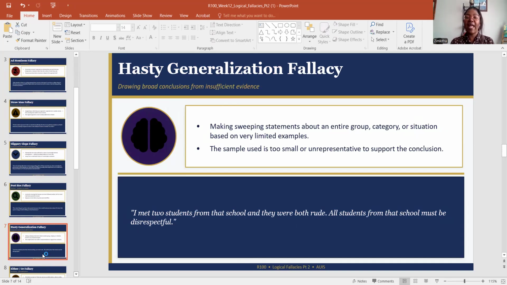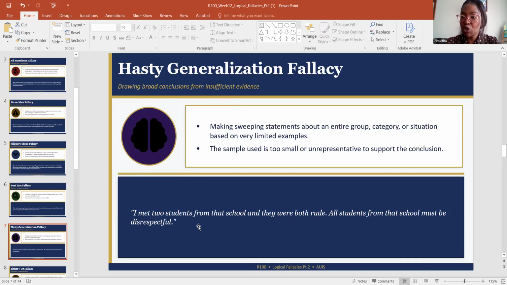The other one is called the hasty generalization fallacy. It's making a huge conclusion, but you don't have enough evidence. For example, I wrote one here. I said, I met two students from that school and they were both rude. All students from that school must be disrespectful. That's a huge generalization, right?